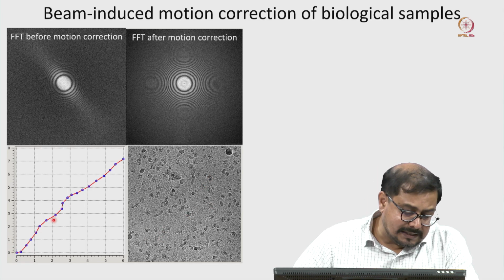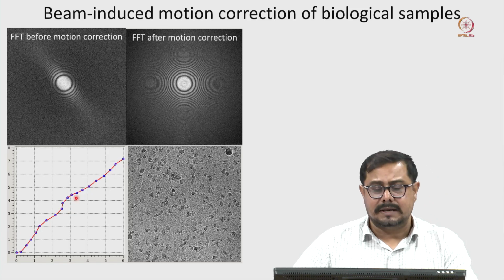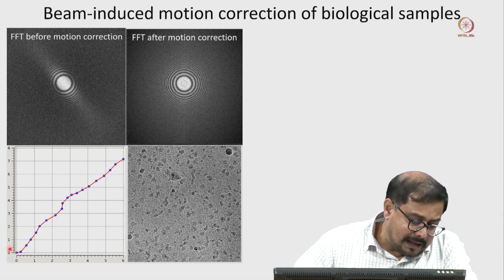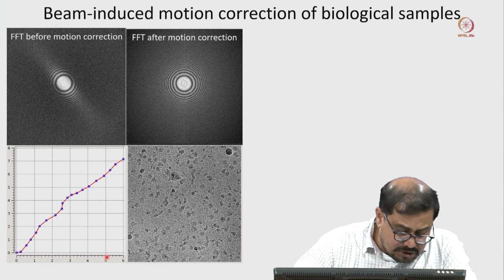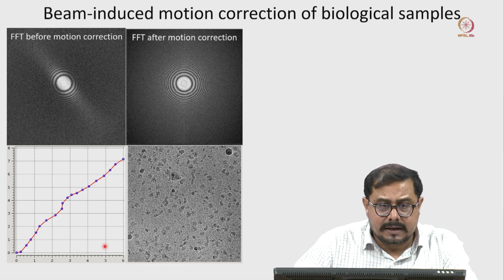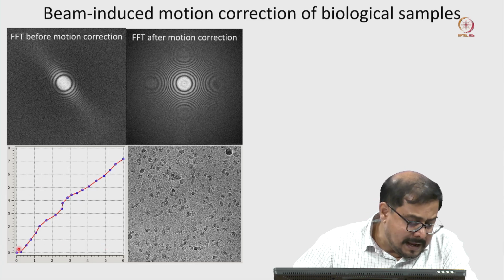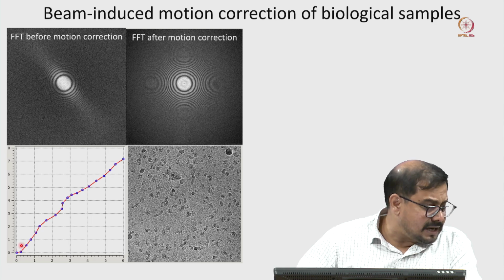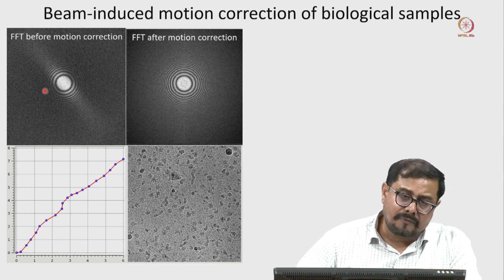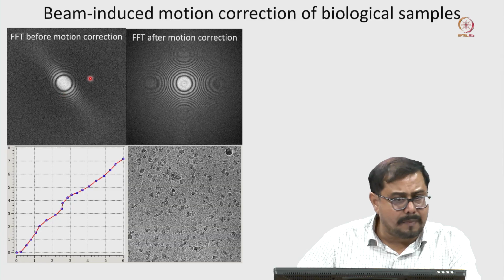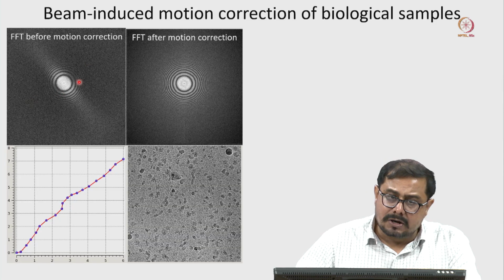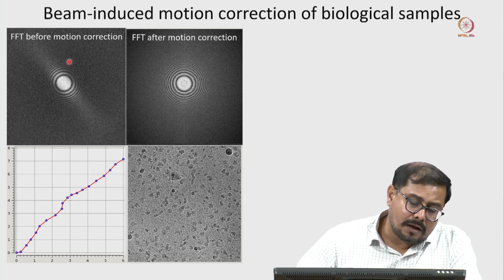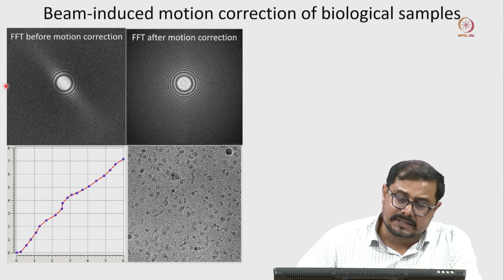And here you can see this is the frame alignment. There is a motion between two frames and we are correcting the frame, and this is the x and y axis, how much motion we have in the micrometer range that we are calculating, and we are trying to correct that. If there is a continuous motion, that is going to affect your diffraction pattern as well as your power spectrum. This is the power spectrum you are looking at, where you can see in one of the directions the signal is completely missing.